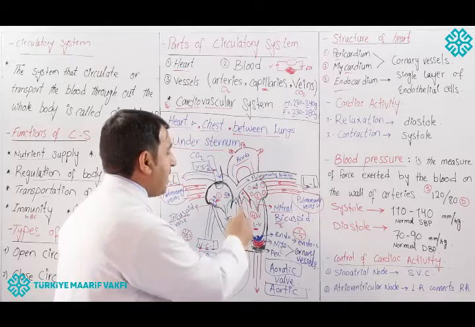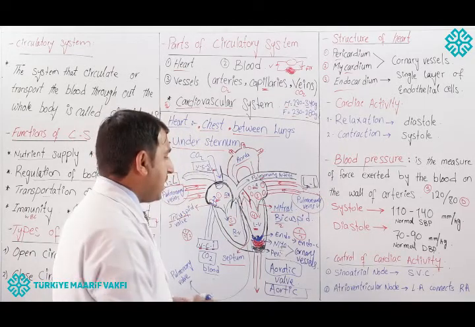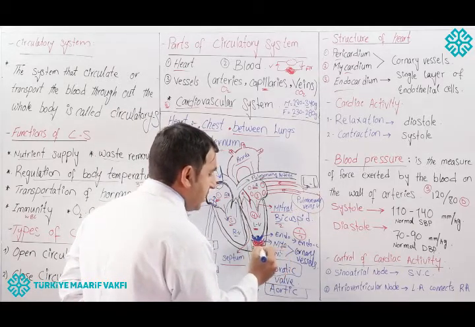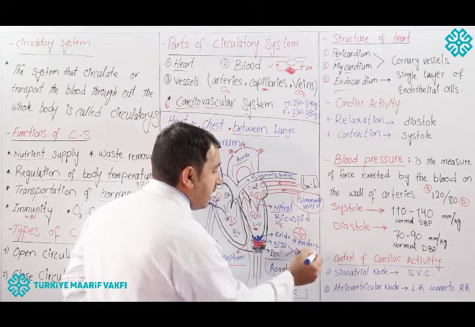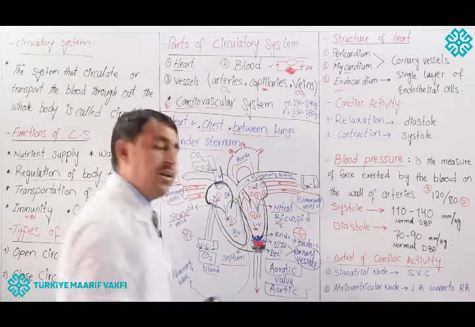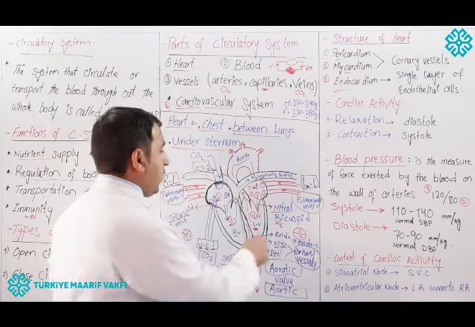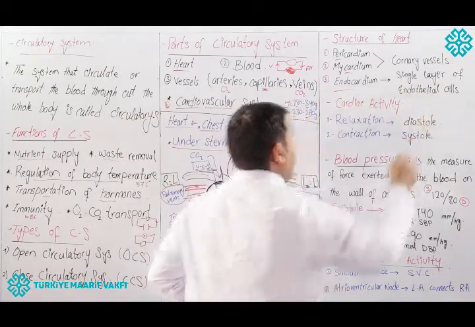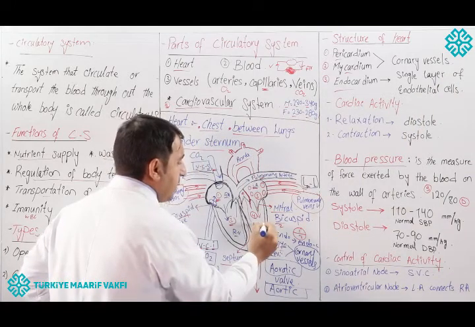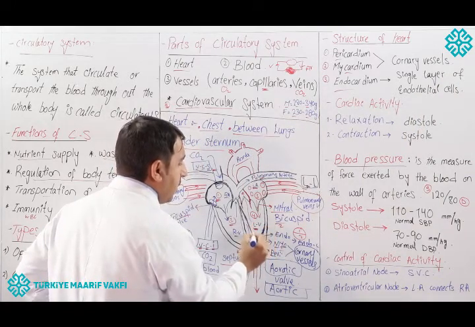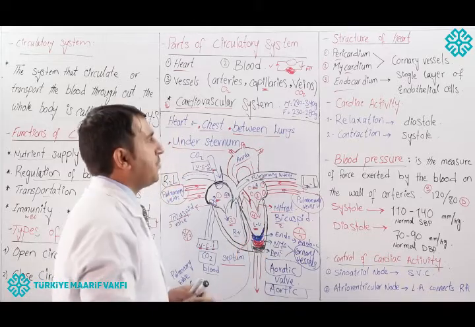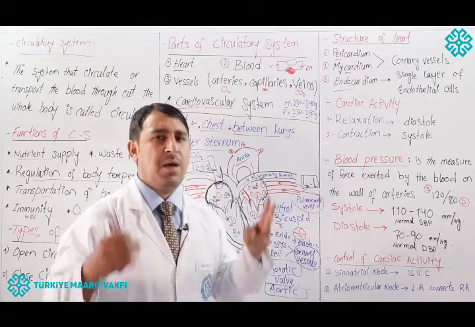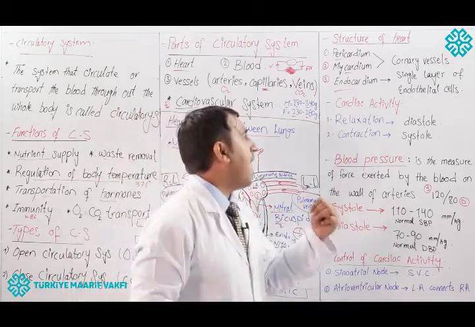So how can the heart be fed? The heart is fed by some vessels located in the myocardium and pericardium, and the name of these vessels is coronary vessels. And we have the endocardium, which is a single layer of endothelial cells lining the heart from the inner part. So this is the structure of the heart: our heart is made up of three layers.